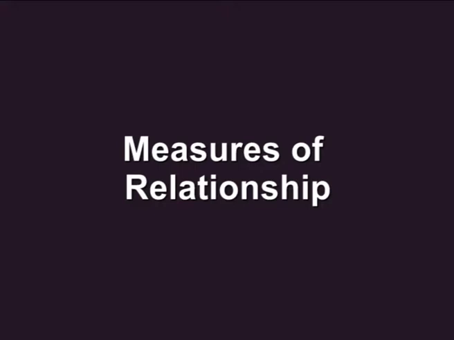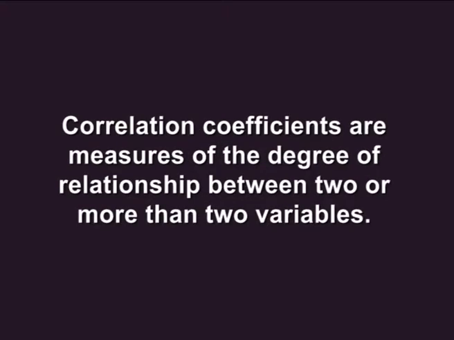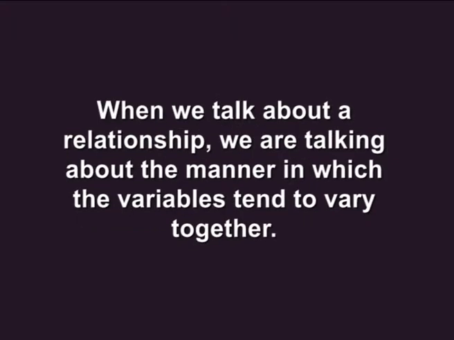Other measures of analysis are the measures of relationship. Correlation coefficients are the measures of degree of relationship between two or more than two variables. When we talk about a relationship, we are talking about the manner in which the variables tend to vary together.